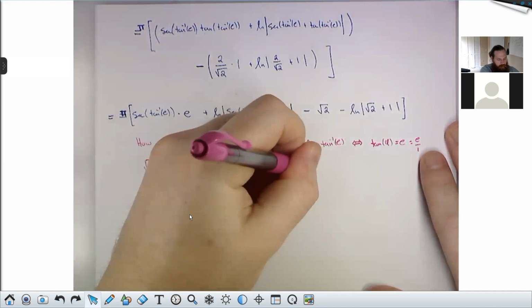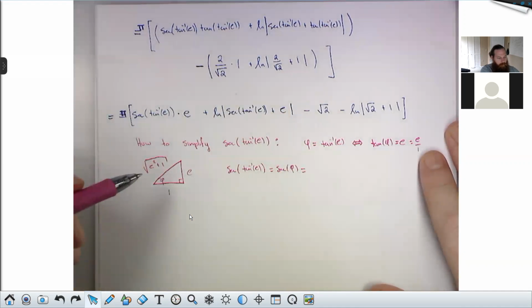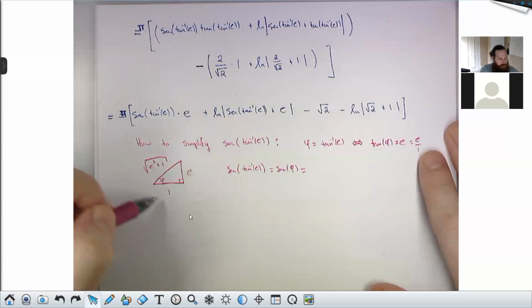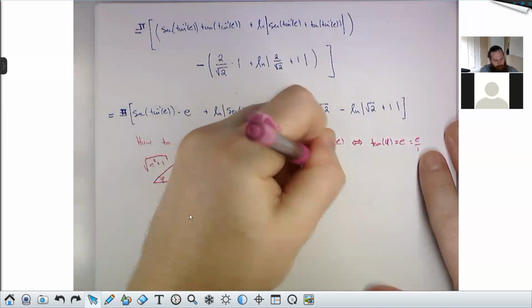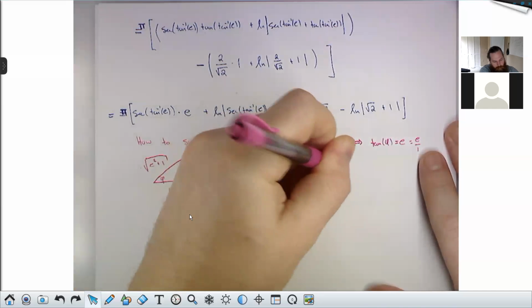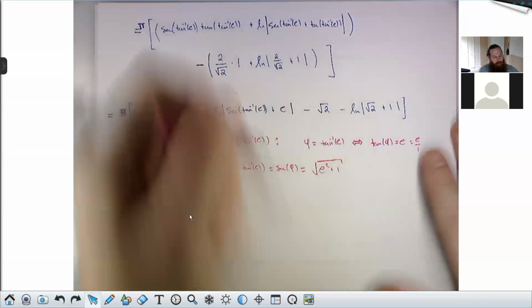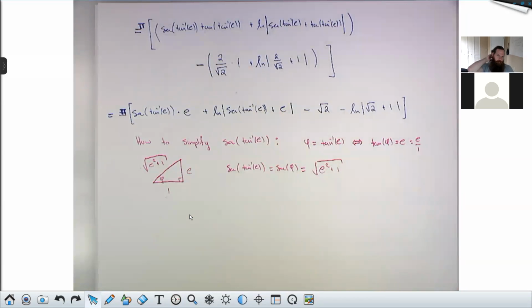And so the secant of phi, which is the thing that I want, is the reciprocal of the cosine of phi. Cosine of phi would be the adjacent over the hypotenuse. So this is the hypotenuse over the adjacent. This is the square root of E squared plus 1 divided by 1, or just the square root of E squared plus 1.